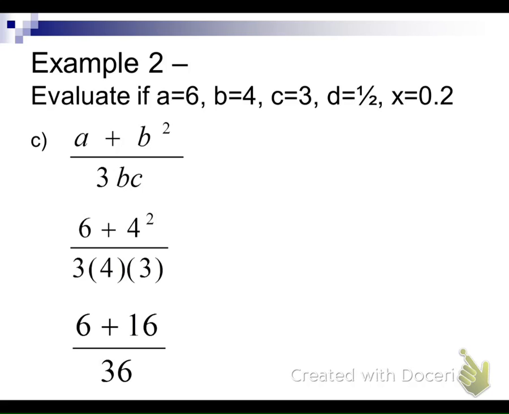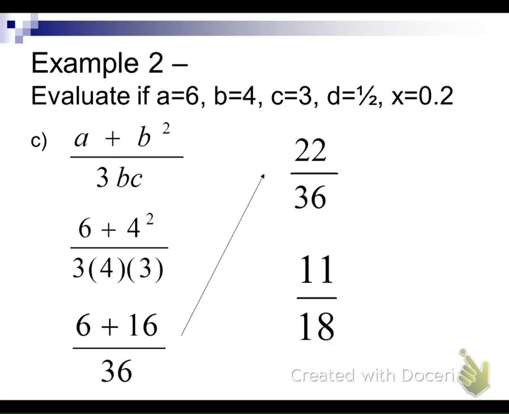So I did 4 squared and got 16 in the numerator, and in the denominator, I multiplied across: 3 times 4 is 12, times 3 is 36. In the numerator, I still have a little bit more to do, so I added 6 plus 16 to get 22 over 36, which I know can be simplified to 11 over 18.